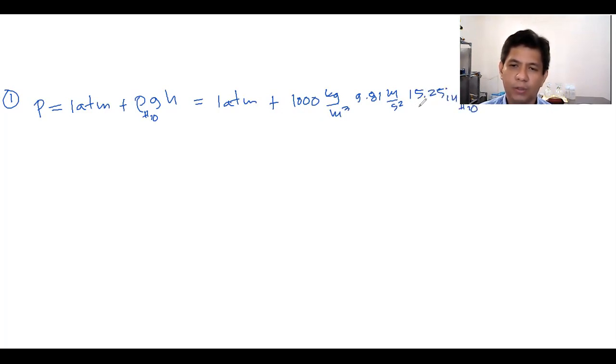So ang gagawin ko dito, i-multiply ko siya ng 2.54 centimeter per 1 inch. Yung centi gagawin kong 10 to the minus 2. So this is in meter per inch. So if you still remember, this will become Pascal. So para maging atmosphere, I'm going to divide the whole term by 101,325.